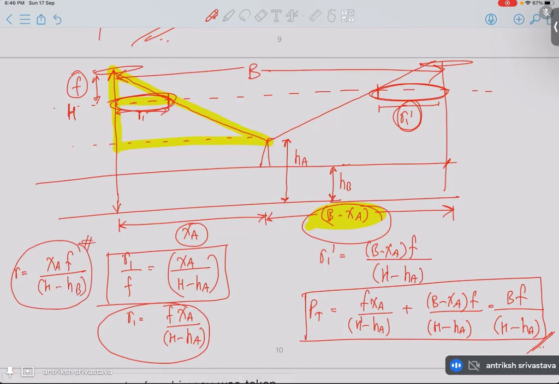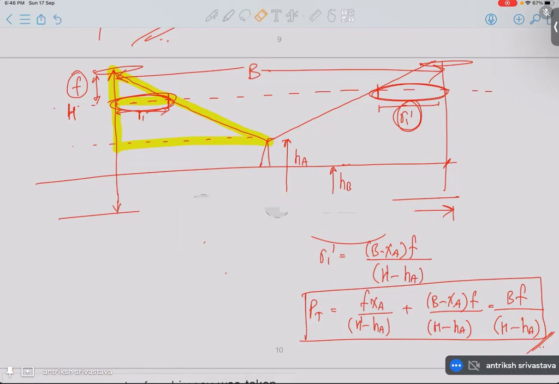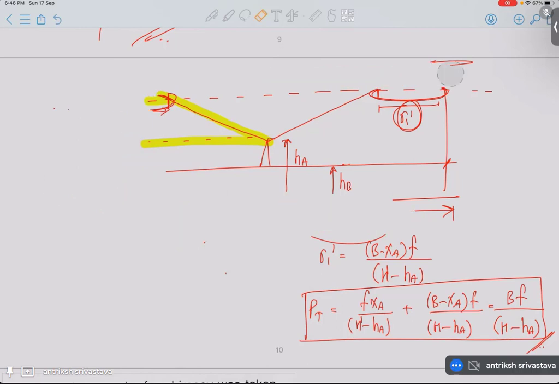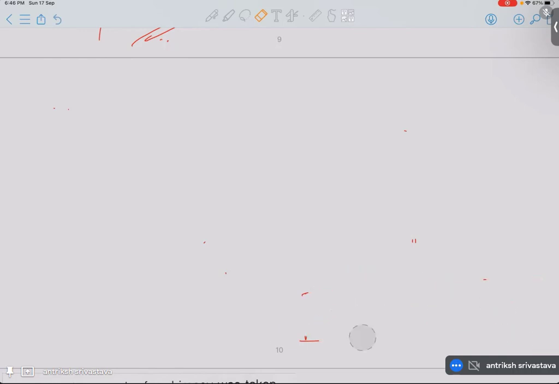So the parallax formula, I'm going to erase these things and write it here now. Okay. So parallax for the top was b into focal length divided by h minus ha.